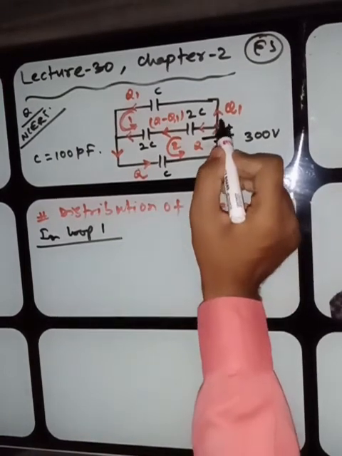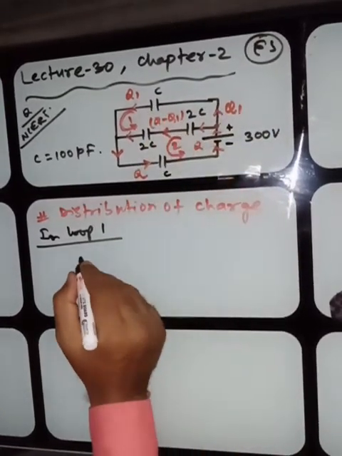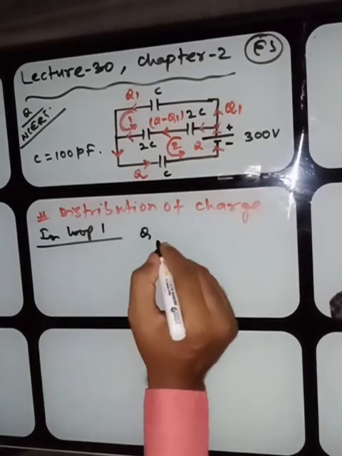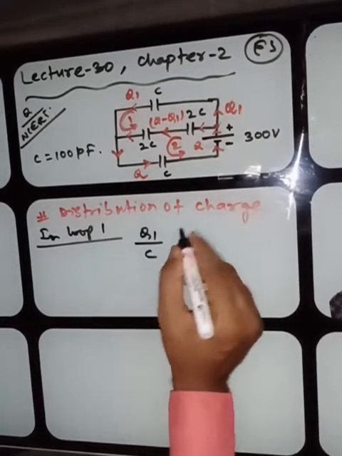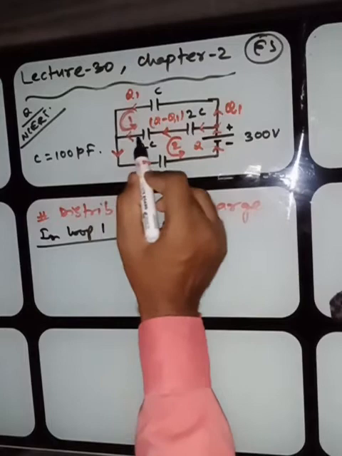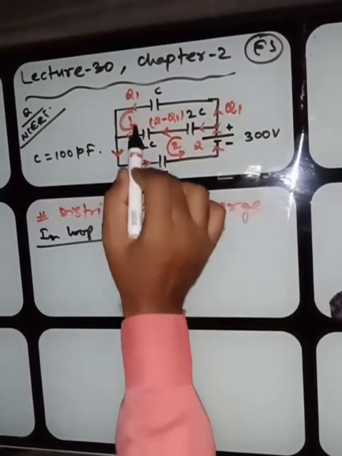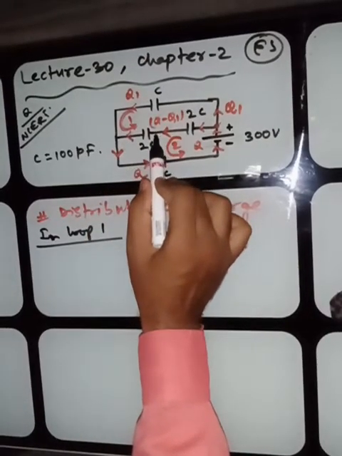From this point we are moving in the direction of charge, that's why the equation will be Q1 by C. Now look here, this will be minus. Why? Because we are going opposite to the flow of charge.